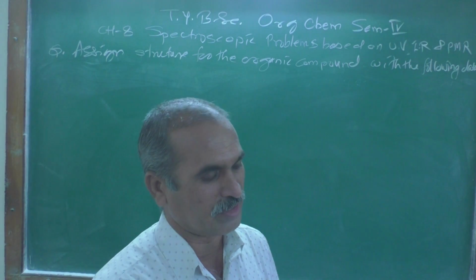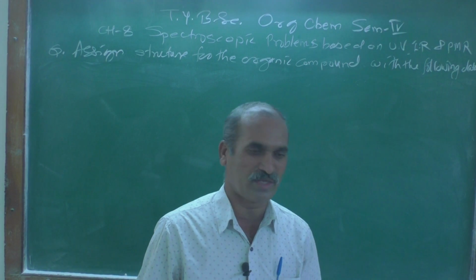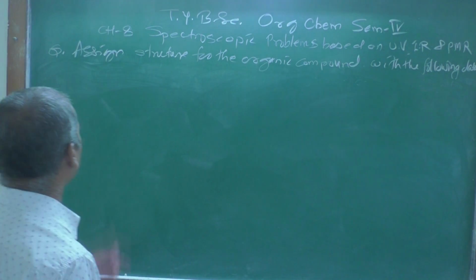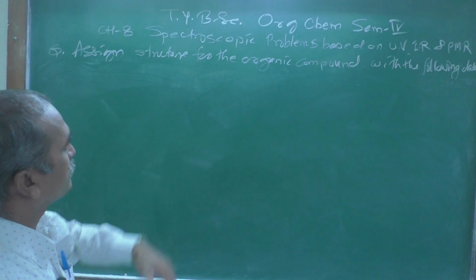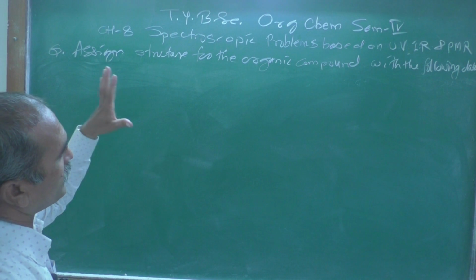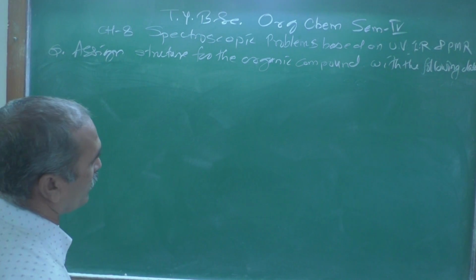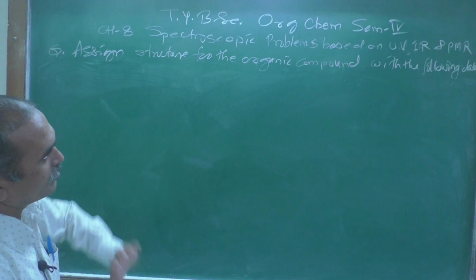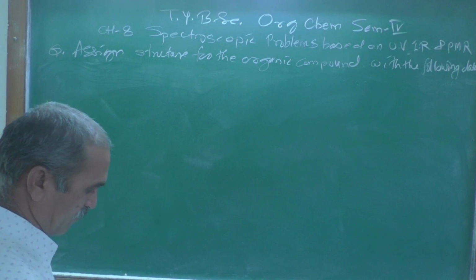Let's begin, because so far I think we have solved 5 problems. Now is problem number 6. The questions are like this: we are discussing spectroscopic problems based on UV, IR and PMR. Assign a structure for the organic compound with the following data.